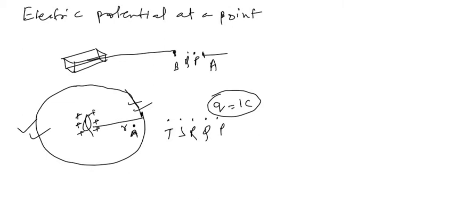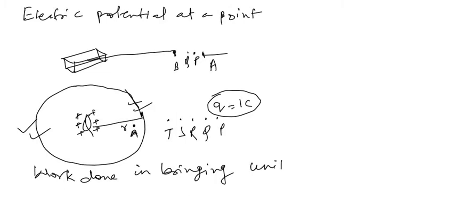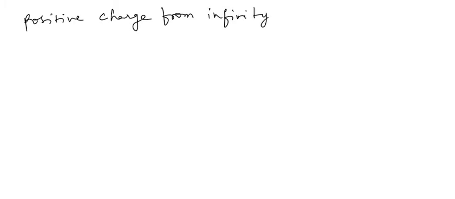So we can now write: electric potential at a point is defined as the work done in bringing a unit positive charge from infinity to a point.